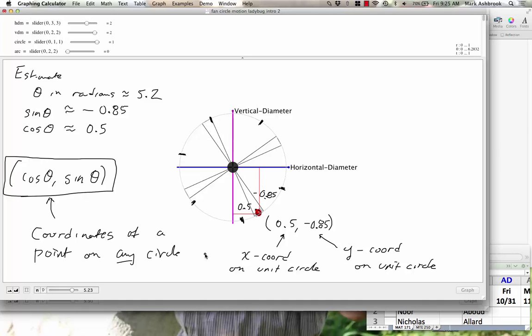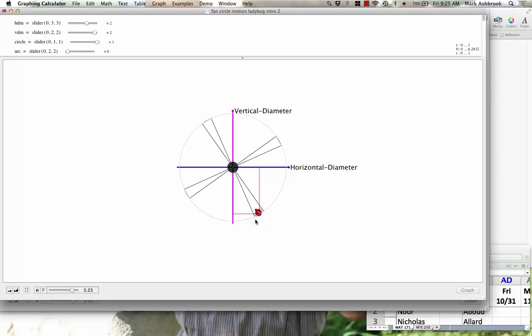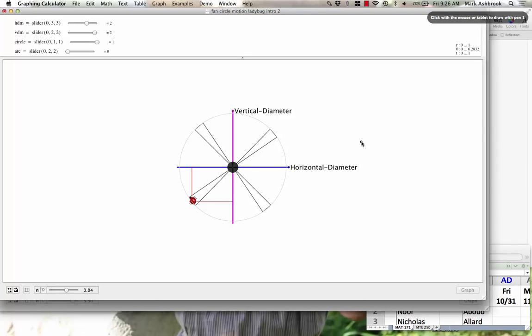Okay, let's do this one more time. I'm going to do this one here. Estimate the angle measured in radians, estimate the cosine, estimate the sine. Everyone do it.